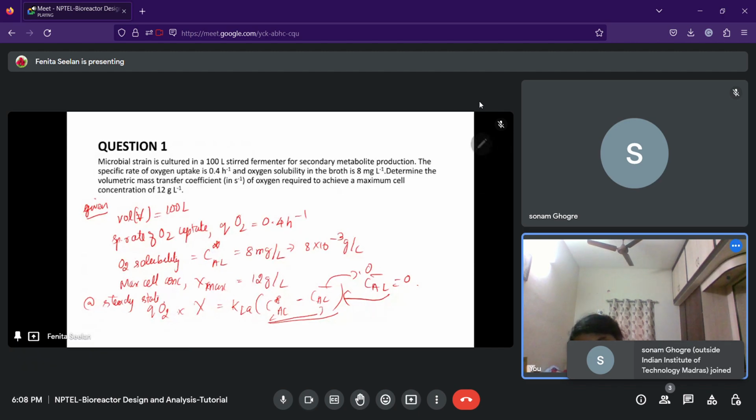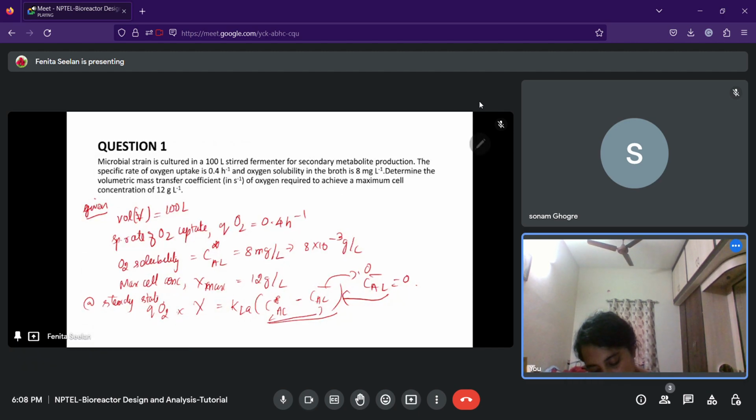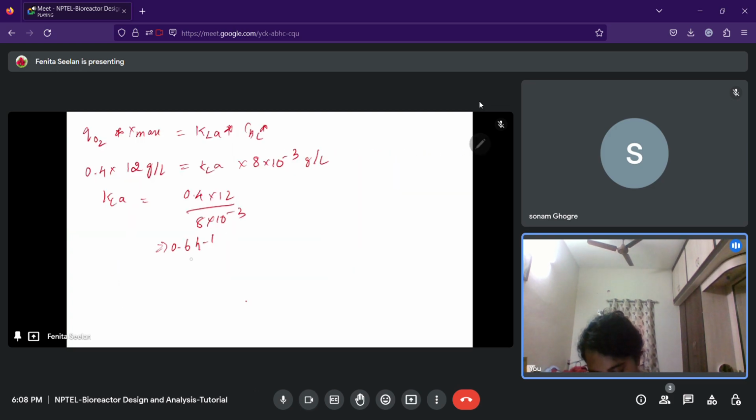The question asked for the KLa in terms of second inverse. So if you want to convert your hours into seconds, what do you do?